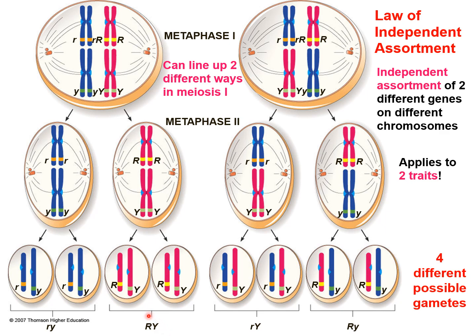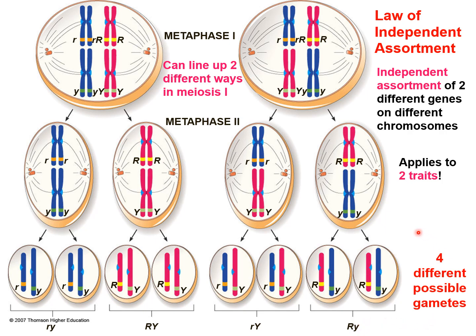This would give us a round and yellow seed. And then we could also have this combination in a gamete: little r and big Y. This would be a wrinkled and yellow seed. And we could also have big R and little y, and so this would be a round and green seed.